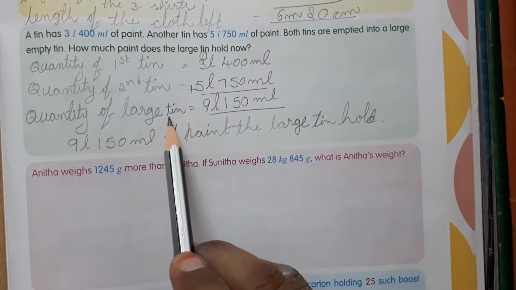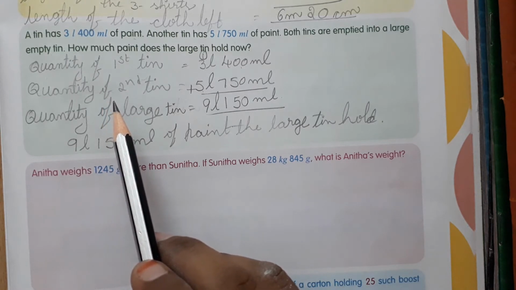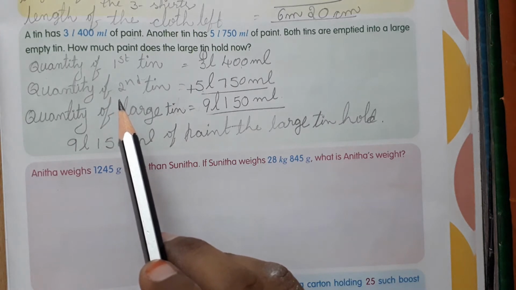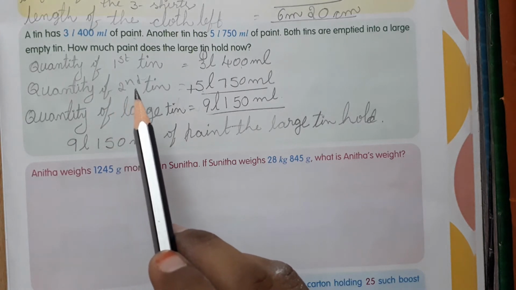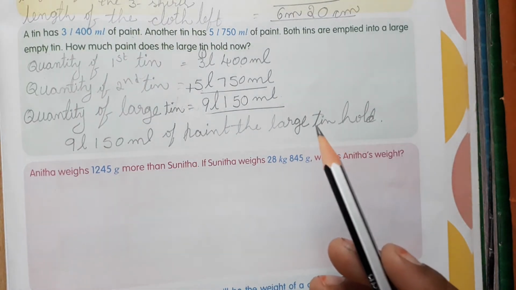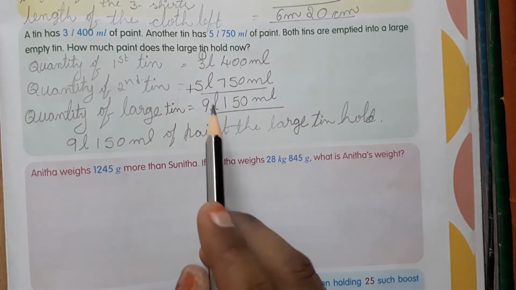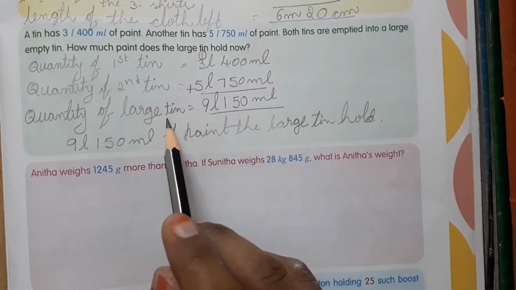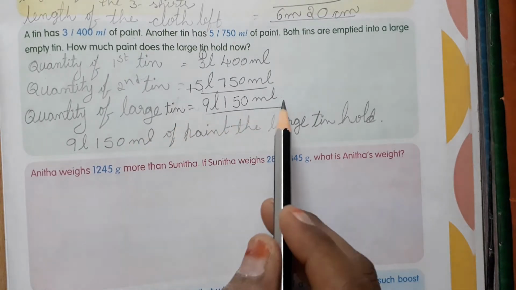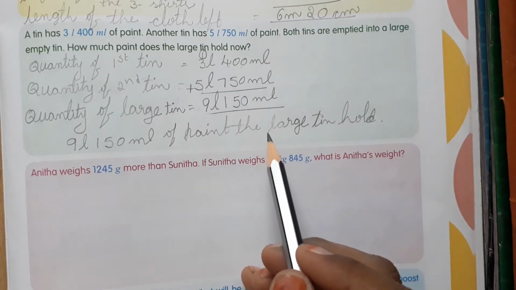Capacity, quantity, amount: these three terms are the same. They refer to the capacity of the tin. If you add these two numbers, then you will get the new quantity of the large tin. So 9 liters 150 milliliters of paint is there in the large tin.